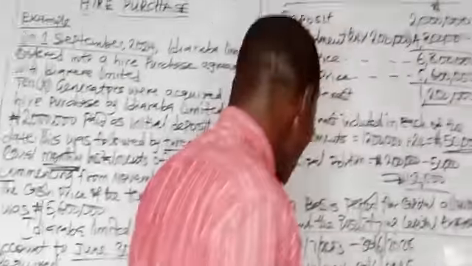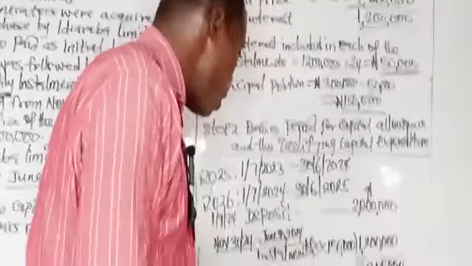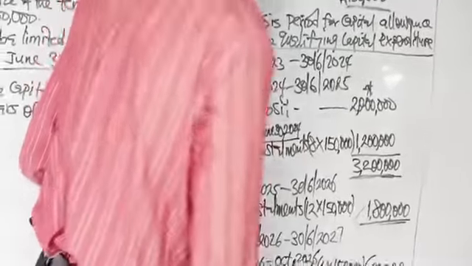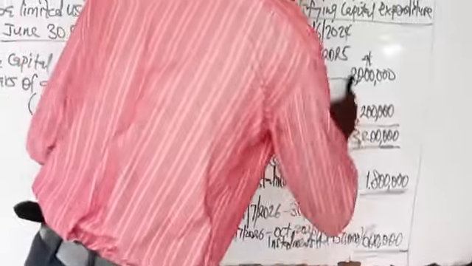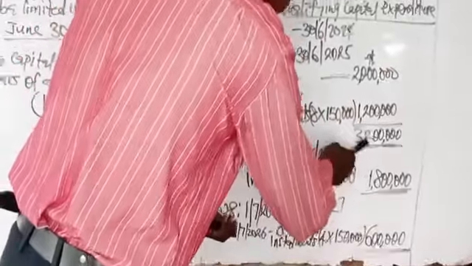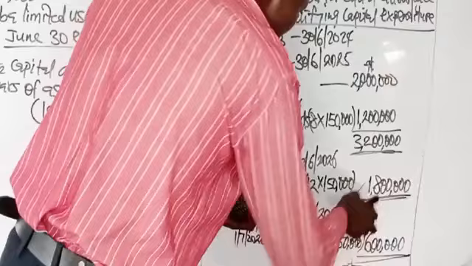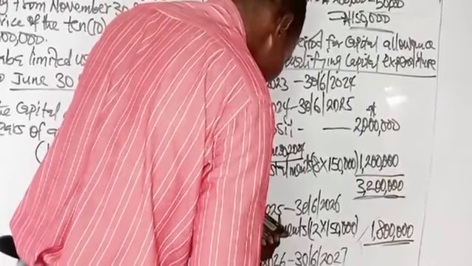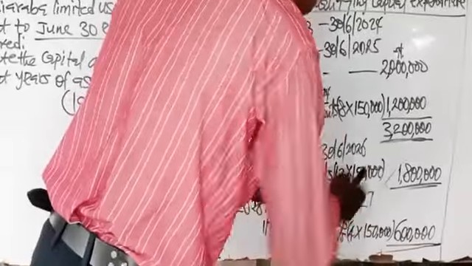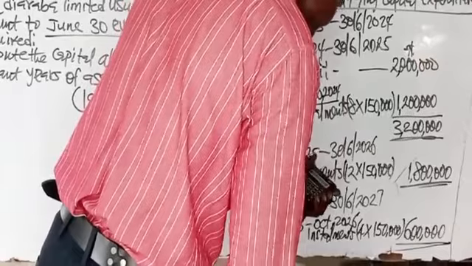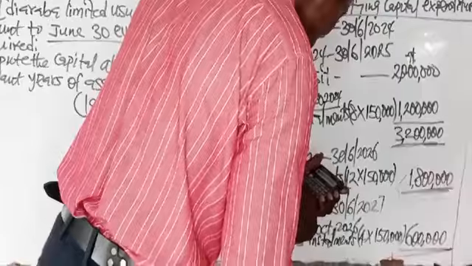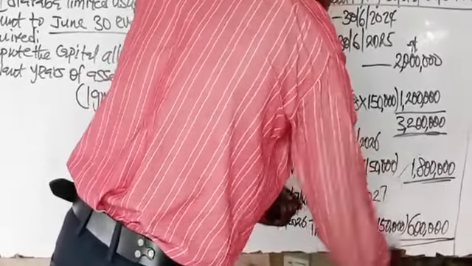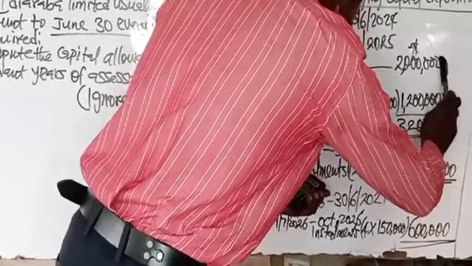So this is the apportionment of the hire purchase price or cash price. If you sum up 3.2 million plus 1.8 million plus 600,000, it will give you 5.6 million.